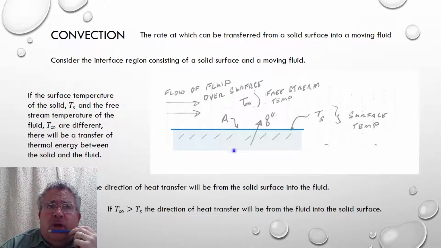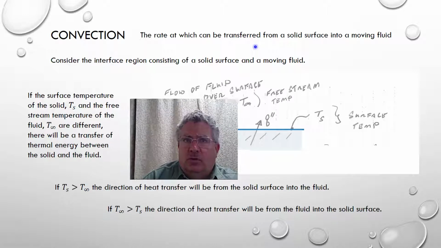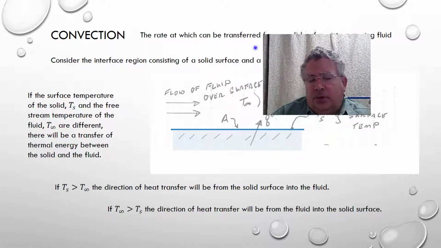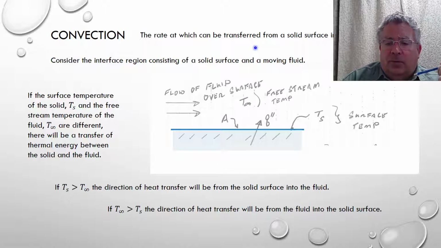So now convection is the rate at which we can transfer heat from a solid surface into a gas that's flowing over it. Technically, you don't need the gas to be moving. You can have what's referred to as free convection. When we're talking about a moving fluid, we're referring to forced convection, and that's primarily what we're going to be dealing with right now. So consider this interface.